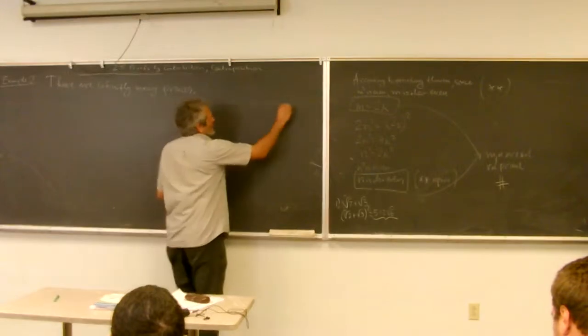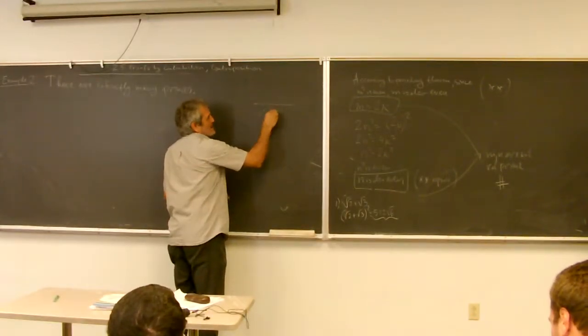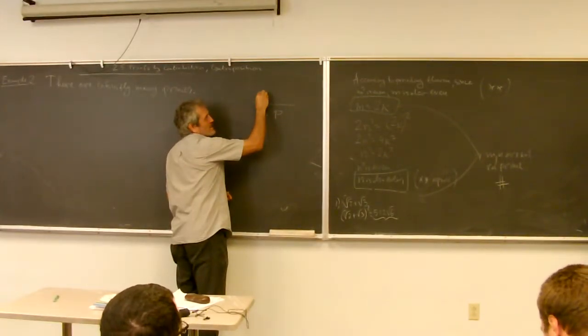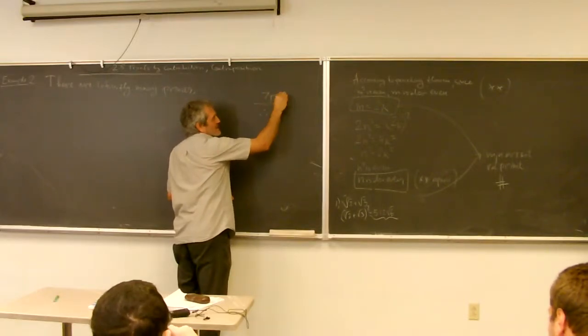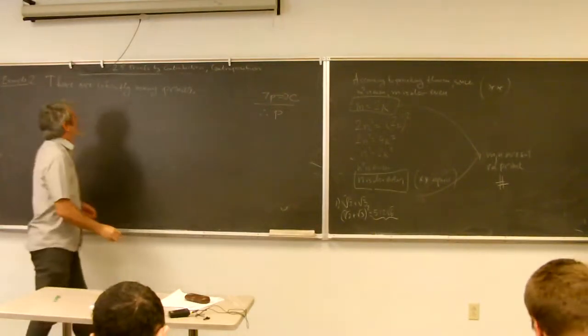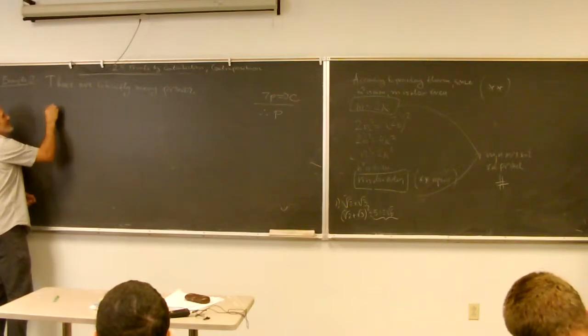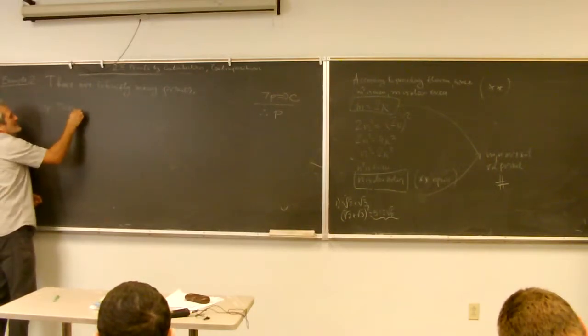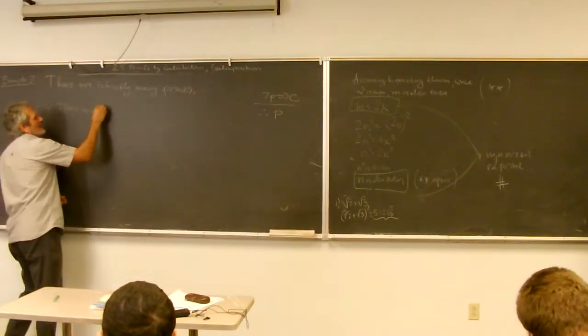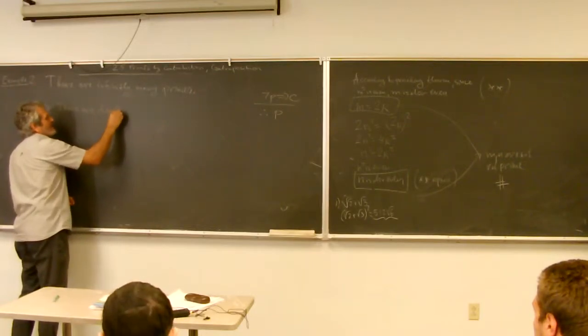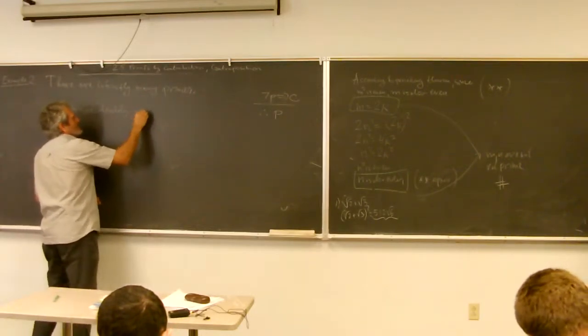So we want the following. We want to get P, but instead of that, what are we going to prove? Not P implies contradiction. So I will assume not P. So what's not P? There are how many? Not infinitely, but what? Limited. Finitely many.